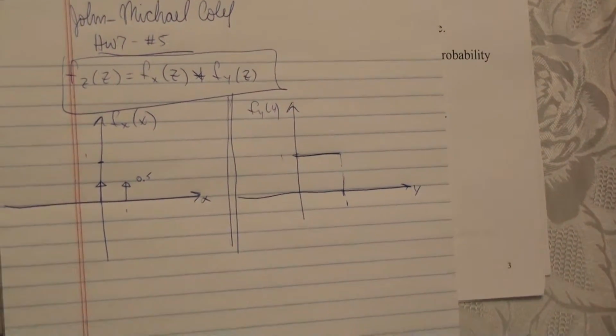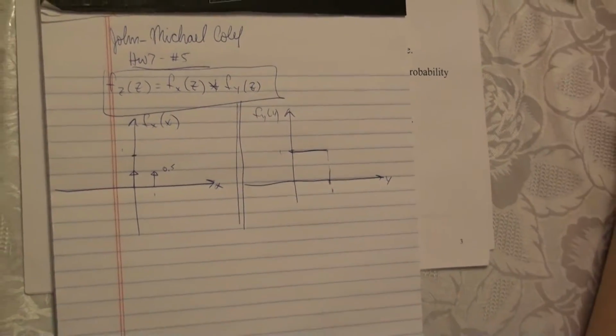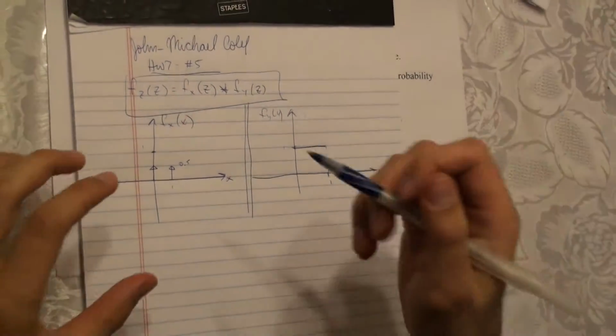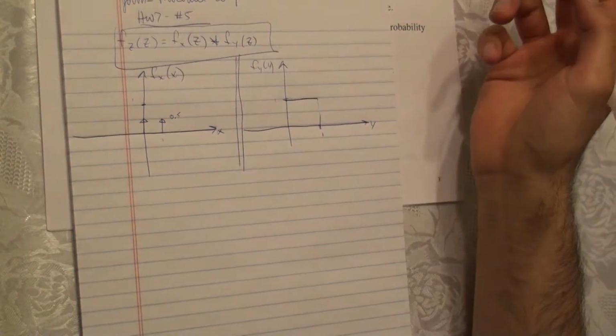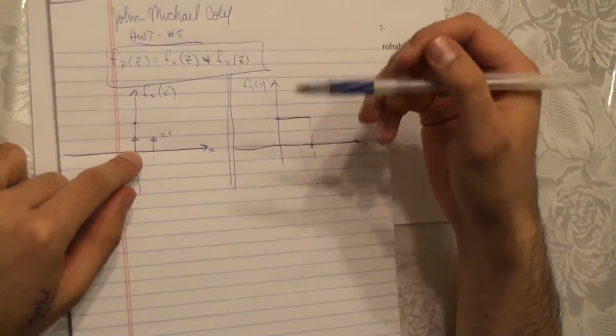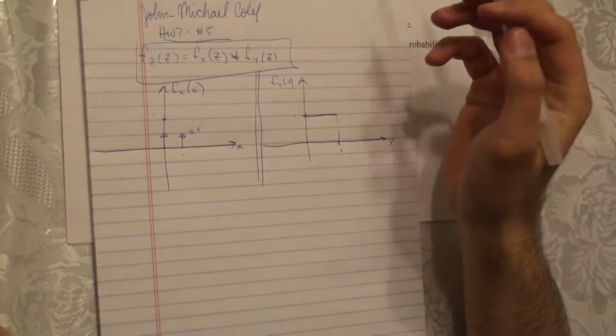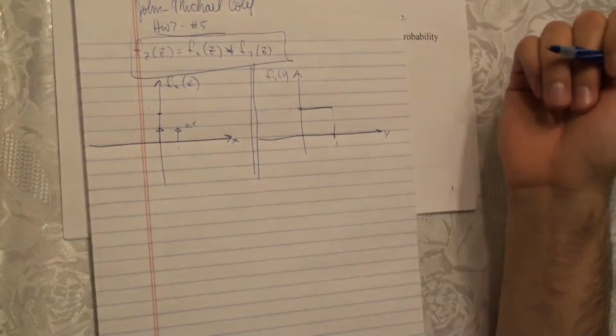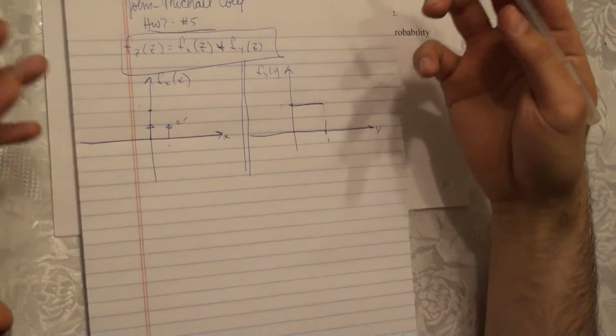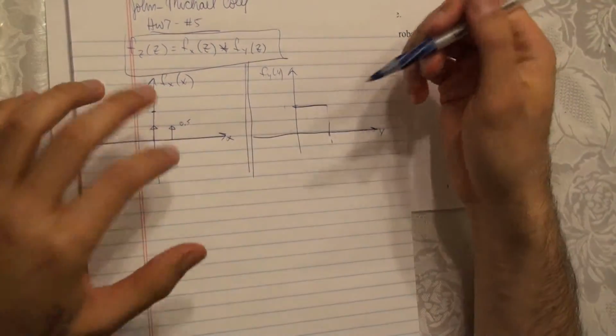So to find the convolution, we recall that convolving anything with a delta just gives you the same function. So if I have a delta at 0, let's say the delta with area 1, and I convolve that with any function, I'm just going to get the same function at wherever it was.